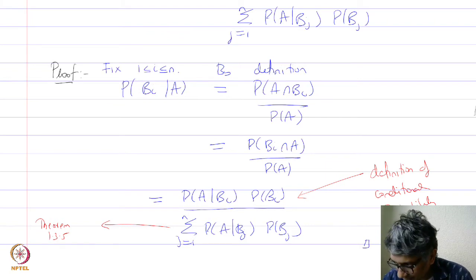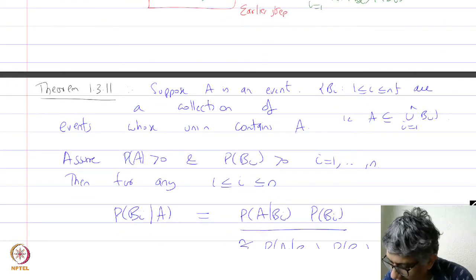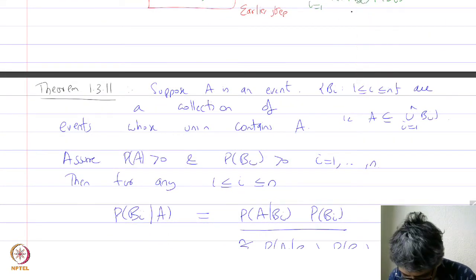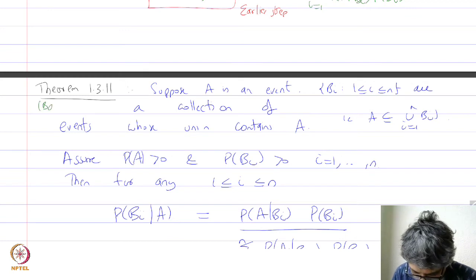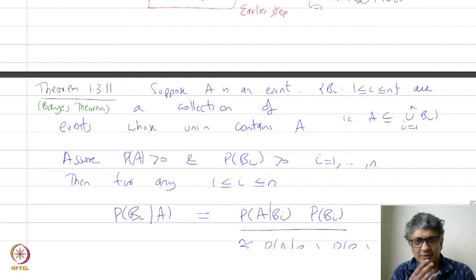But this is kind of a powerful theorem. So we'll illustrate. It's called Bayes theorem, so you should write it down in green. It's named after a mathematician called Thomas Bayes, and I think it was the early 1700s.